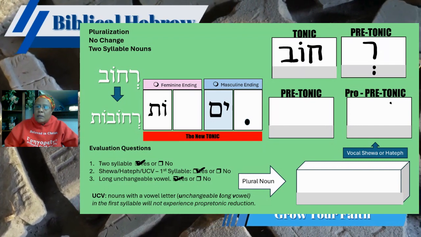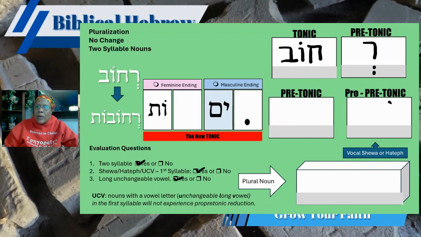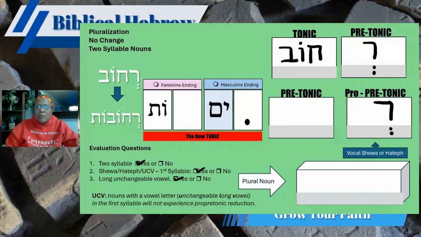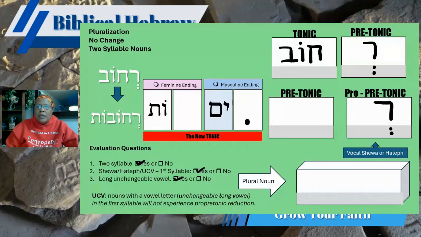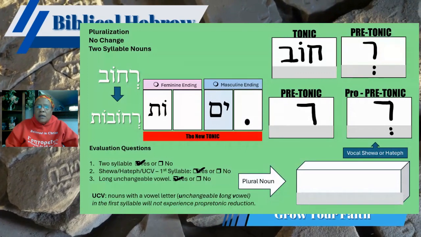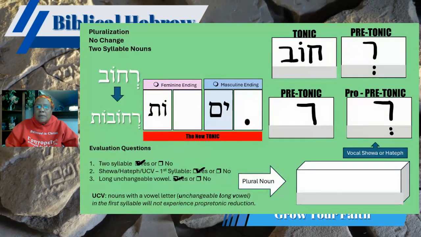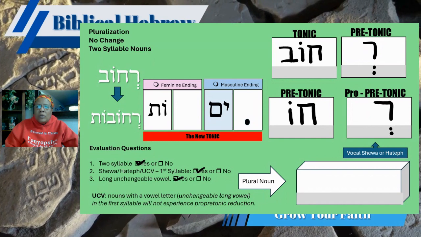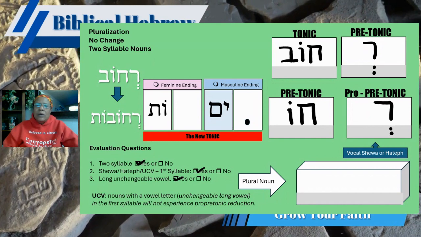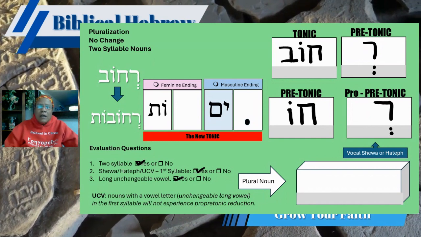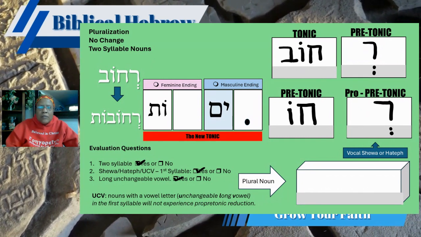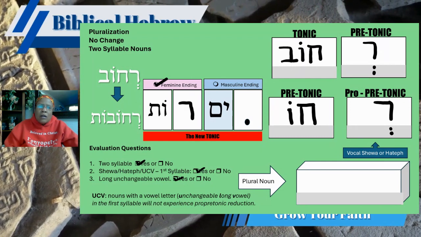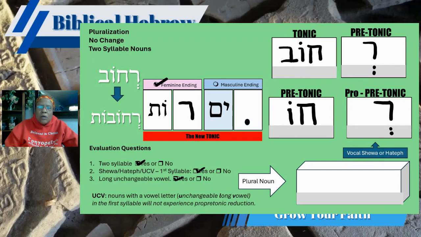Okay, I'm going to do this again. We've got the resh with a schwa. The tonic will be the chet with the hataf vav. It's unchangeable, so we shouldn't be changing anything. And then we're going to take that last letter and put it with the feminine ending, which will recreate our closed syllable.